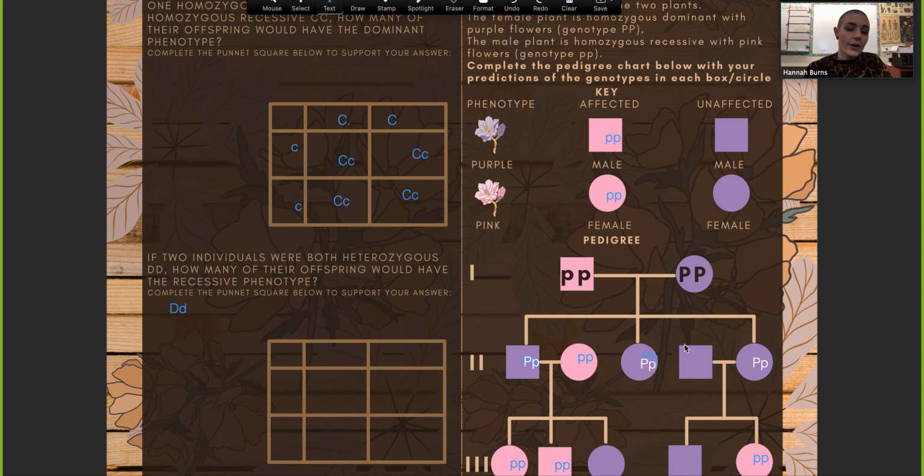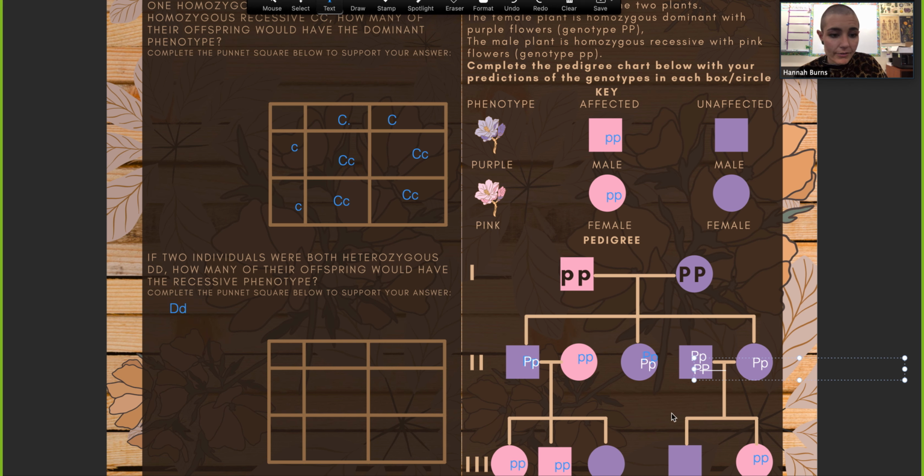parent. So if, for example, this parent was homozygous dominant, there's no way that I would have a recessive offspring, because if I have to inherit one recessive allele from mom and one recessive allele from dad in order to be recessive myself, if dad doesn't have a recessive allele, that means that I won't exist, which means that we know right off the bat for a fact that this individual is in fact heterozygous.